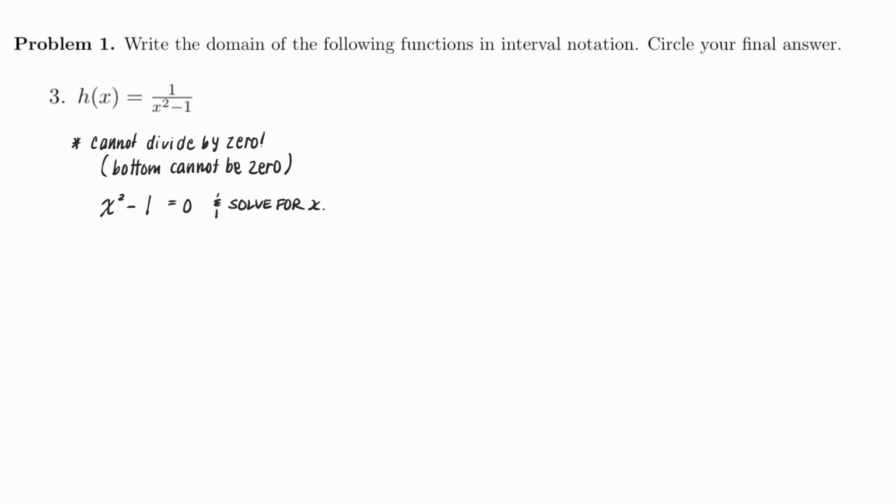So to solve this equation for x, I'll just add 1 to both sides, and then take the square root of both sides. And when I do that, I get x equals plus or minus 1. Or we can write this as x equals 1 or x equals negative 1.